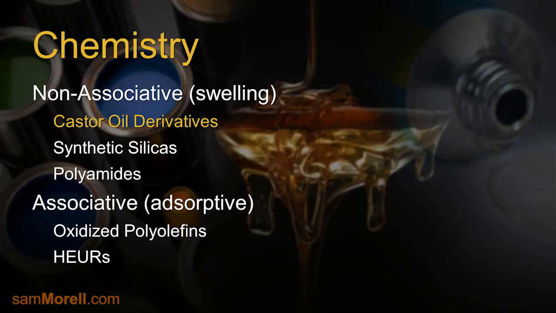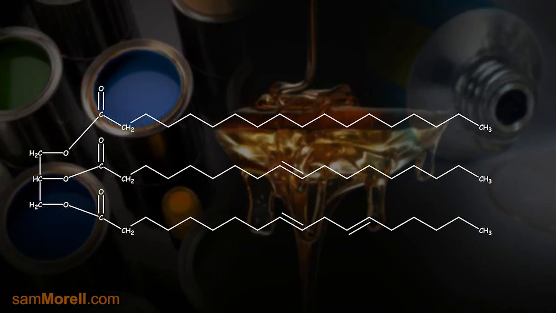Let's first look at castor oil derivatives to understand how they create this network, this morphology, and thus rheology. Castor oil, like all vegetable oils, is a triglyceride. A triglyceride is a triester of glycerol and 3 fatty acids. In this particular triglyceride, we show 3 different fatty acids: stearic acid, which is fully saturated; oleic acid, which has 1 site of unsaturation or 1 double bond; and linoleic acid, which has 2 sites of unsaturation or 2 double bonds.